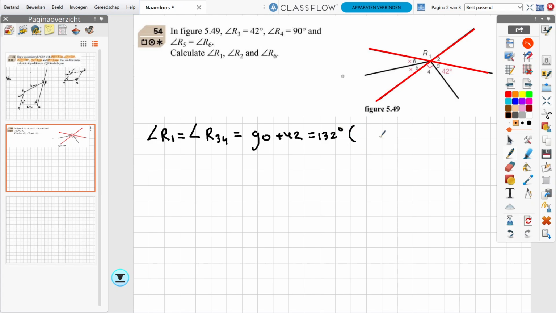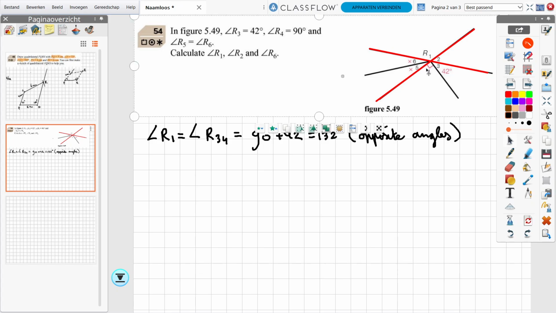Don't forget the rule. Which rule did we use here? We used opposite angles. And I already showed you that you could also calculate it by first doing R2 and then doing the straight angle rule again, but I think this is the quickest way to do it, so why don't we use that one. Again, the other method is not incorrect, but I'll stay with this one for now.